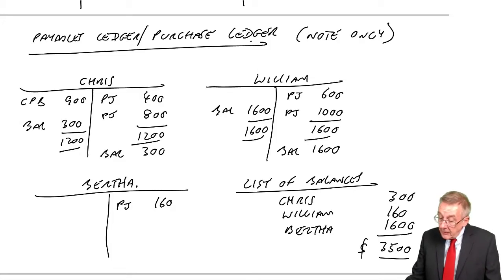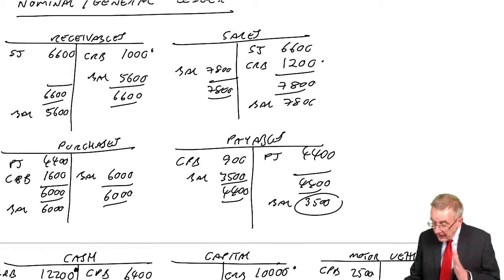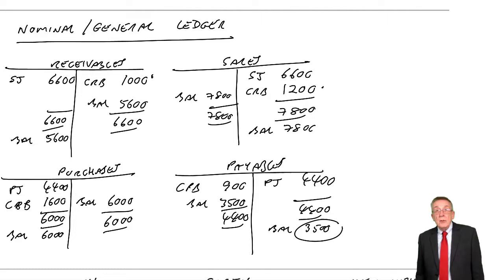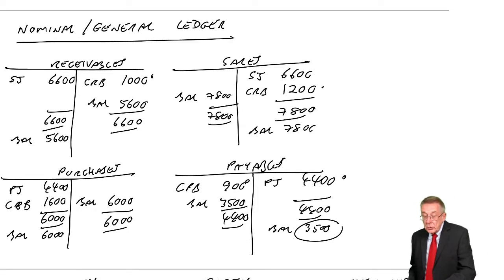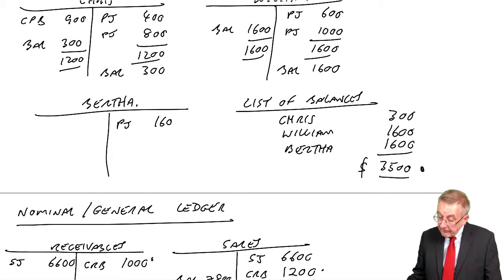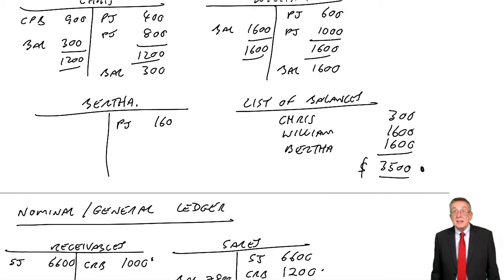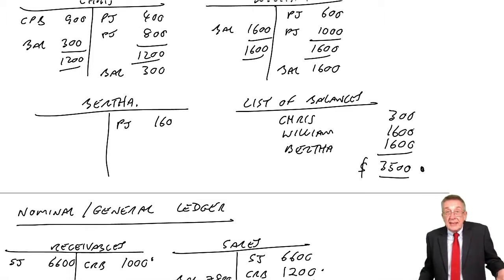But the payables account in the nominal ledger would still have 3,500 because we'd just taken the totals from the books. So it does act as a little check that if the total in the payables account doesn't equal the total of the list of balances, somebody's made a mistake somewhere, and we better find out.